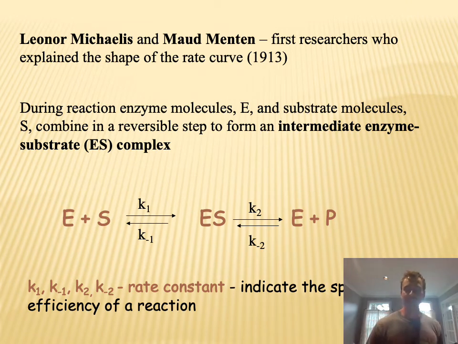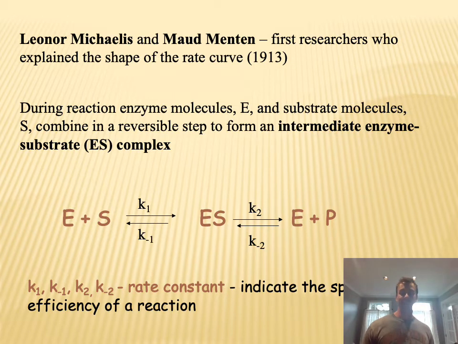Let's talk through this a little bit in terms of reactions and how Leonor Michaelis and Maud Menten first came up with this. They first explained this curve back in 1913. Let's think about a very simple reaction in which you have an enzyme and one substrate, where K1 and K-1 are rate constants, on-off constants, to form the ES, or the enzyme substrate complex.